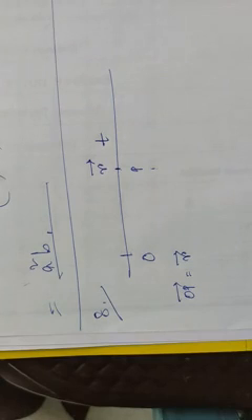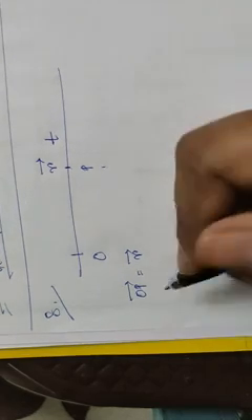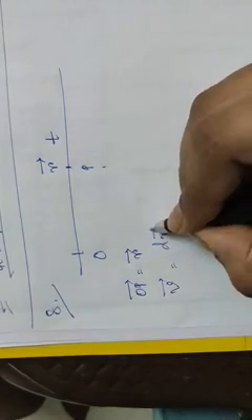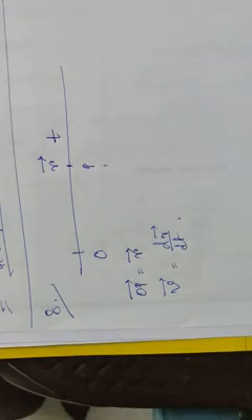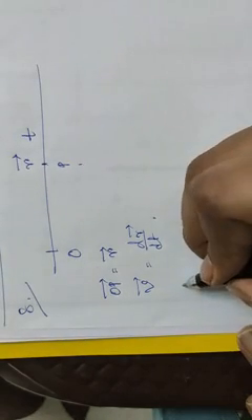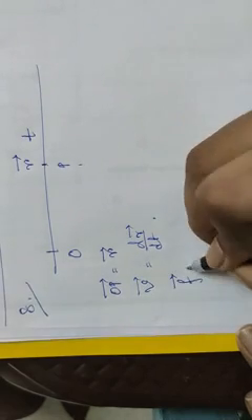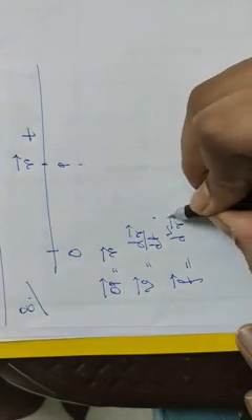Then its velocity vector v is denoted by dr/dt. We also know that v is velocity, denoted by dr/dt. And its acceleration, generally denoted by f, is denoted by d²r/dt².